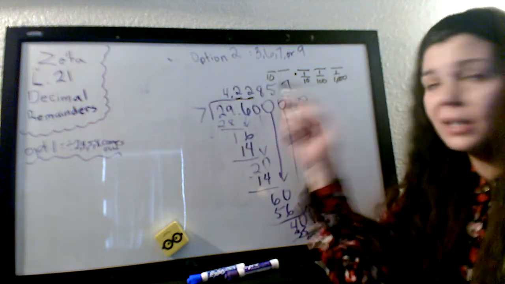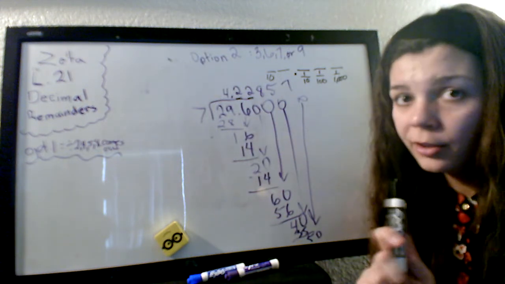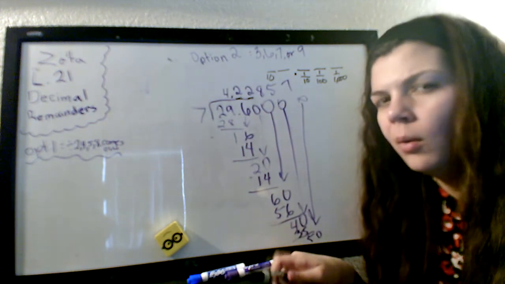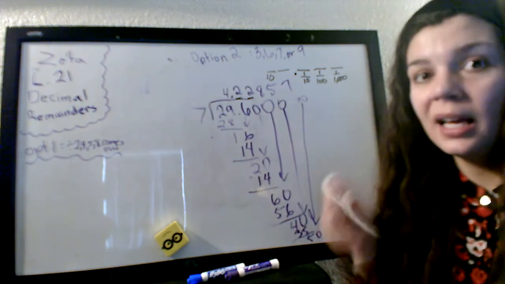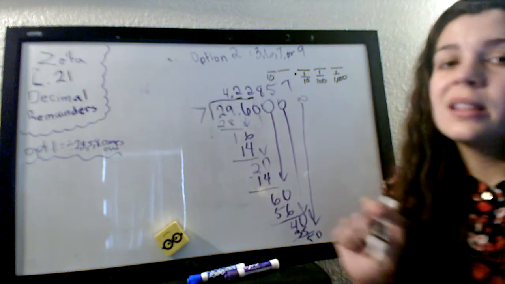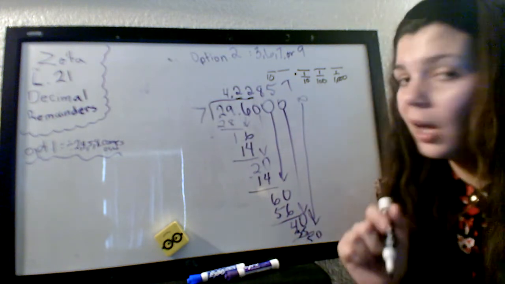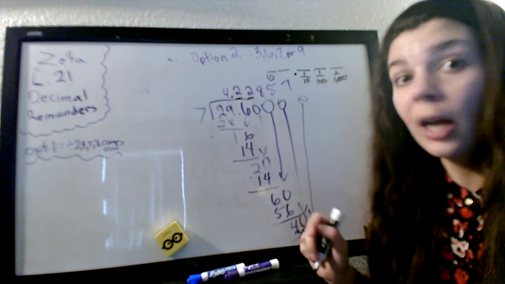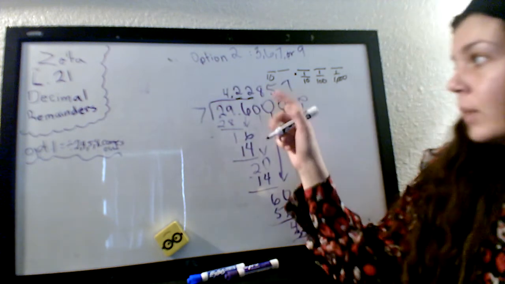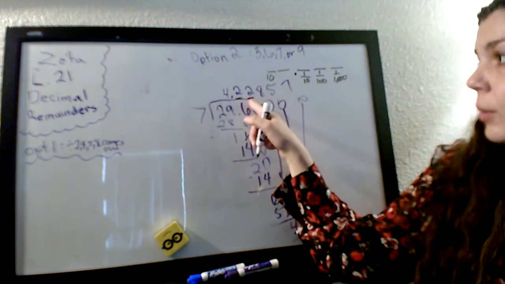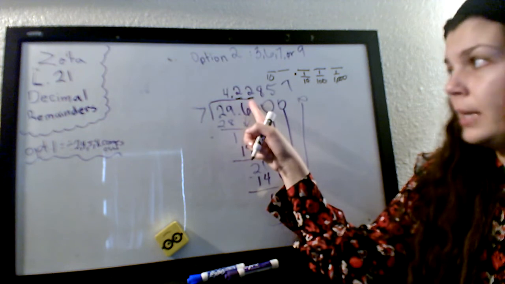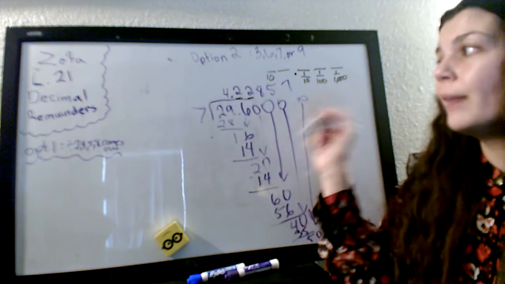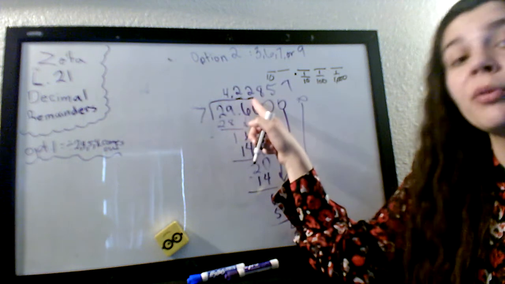That means they don't want us to keep going forever and ever. You only have to go over 3 places. Why 3? Because, yes, this is the thousandths place. That's not the number that we're stopping on, but we need this number to help us round. So we're rounding to the hundredths place. My 8 tells me, am I going to go up the score, 5 or more up the score to 4.23?